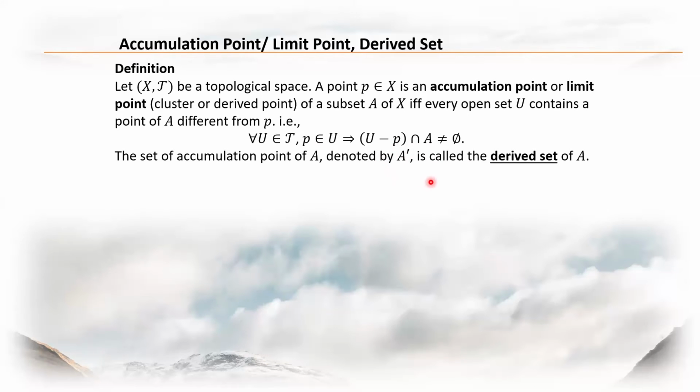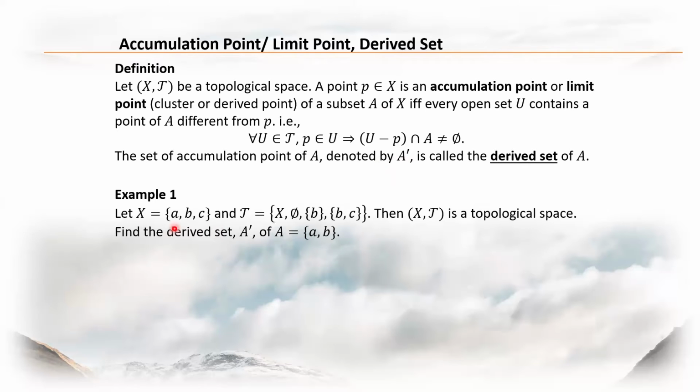Let's illustrate this by considering the set X with elements a, b, and c, and tau with elements X, the empty set, the set containing b, and the set containing b and c. We can verify that this is a topology on X, and therefore the pair of X and tau is a topological space. Now, consider the set A with elements a and b.